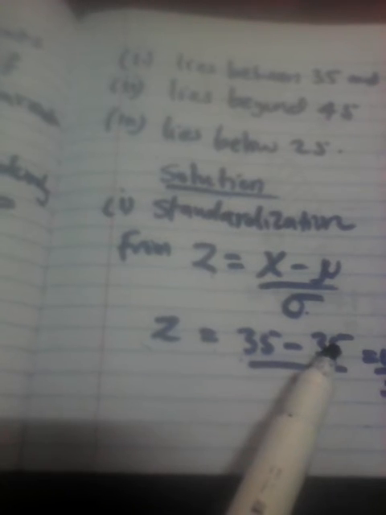Now to answer question 1, the first thing is you standardize, where you get the value of Z. Now Z is equal to X minus mean over standard deviation. In the first case, where the X values are 35 and 40, the first value of Z is going to be 35 minus 35 over 5. You get 0. Then for the second value of Z, which is 40, 40 minus 35 over 5 is 1.